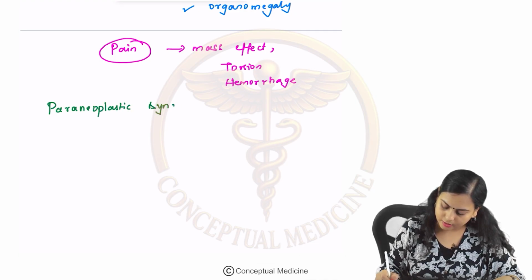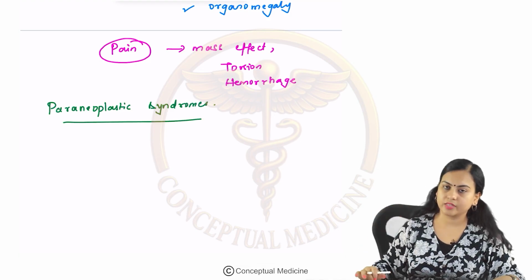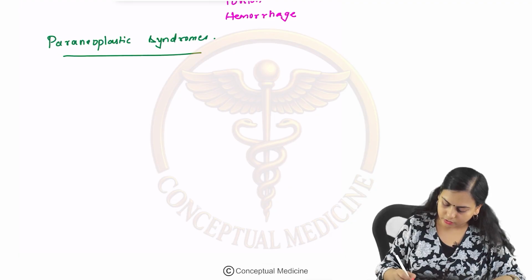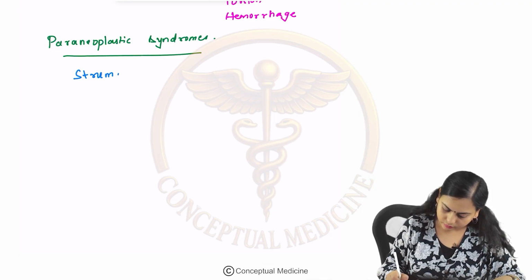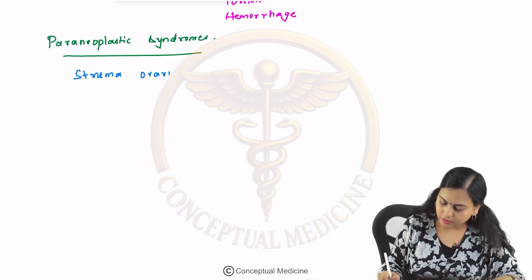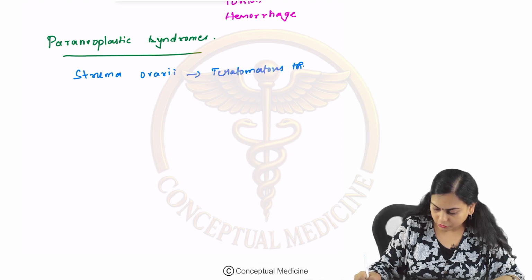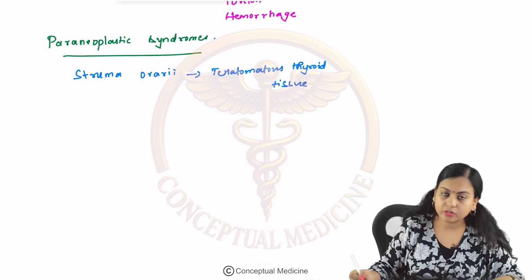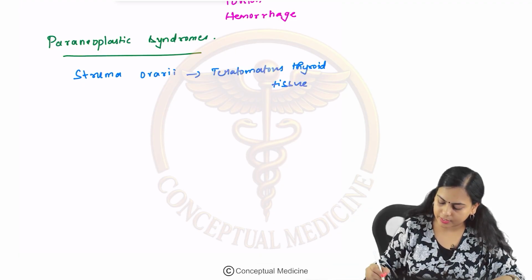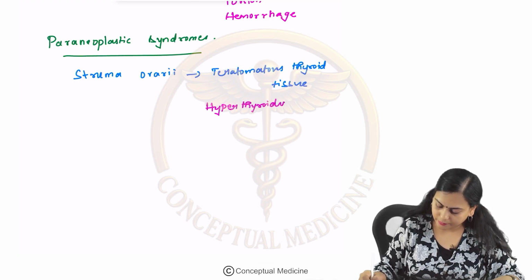Paraneoplastic syndromes. So, which tumors will be present like that? Yes, struma ovarii. So, in struma ovarii, what we have? We have, yes, teratomatous thyroid tissue. So, the cyst here is consisting of mature thyroid tissue. So, that will present as hyperthyroidism. Okay.